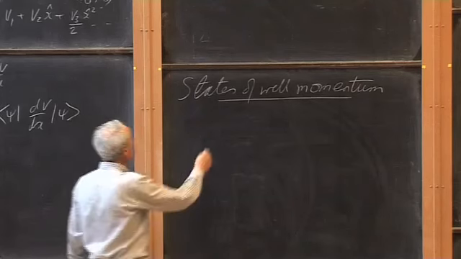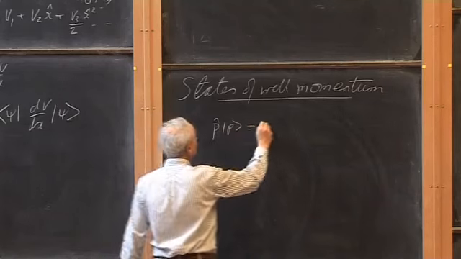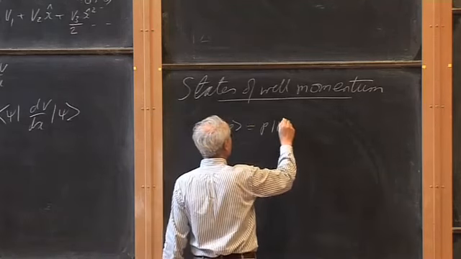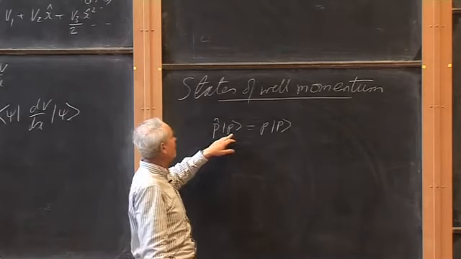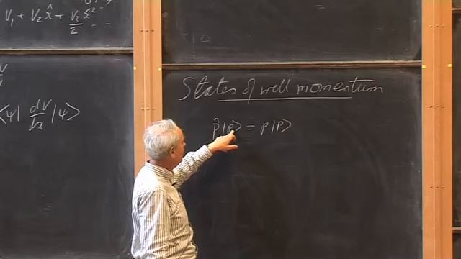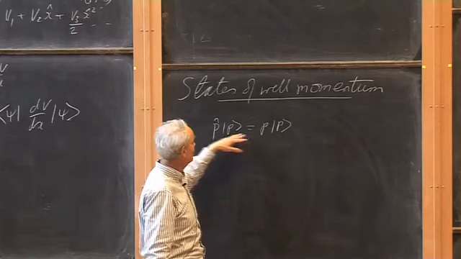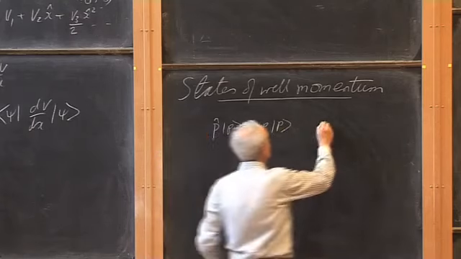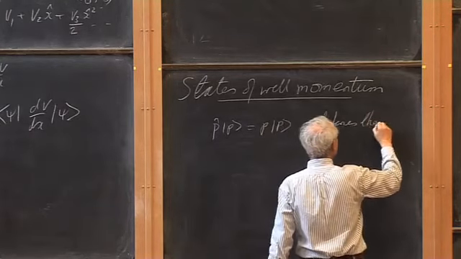So we're interested in the eigenstates of the momentum operator. The operator p on an eigenstate labeled by p, this is a number, is equal to that number times the state. So this is the definition. This defines these states.